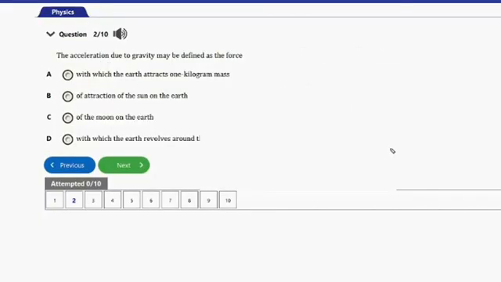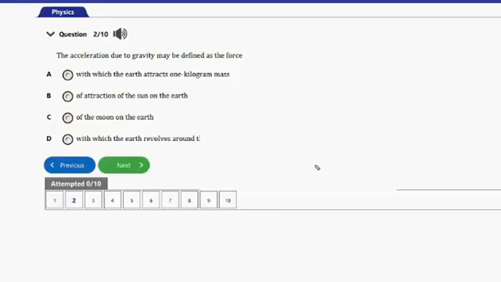The next question is question number 2. It says the acceleration due to gravity may be defined as: A, the force with which the Earth attracts 1 kilogram mass; B, the force of attraction of the Sun on the Earth; C, the force of attraction of the Moon on the Earth; D, the force of attraction with which the Earth revolves around the Sun.